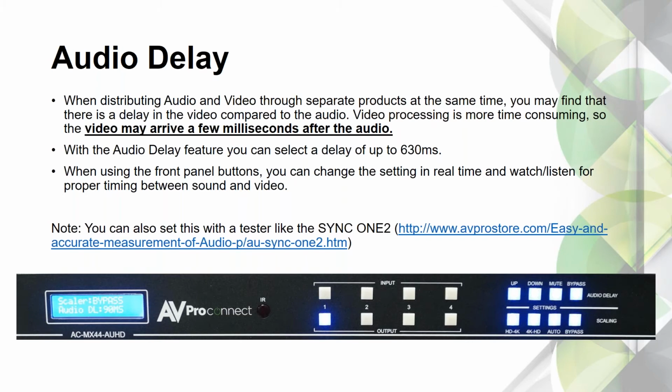A lot of times the video takes longer to process through the system than the audio. So we need to delay the audio so the video can catch up. With all of our switches, we put this in the system for you.